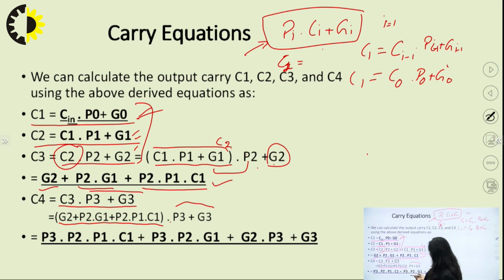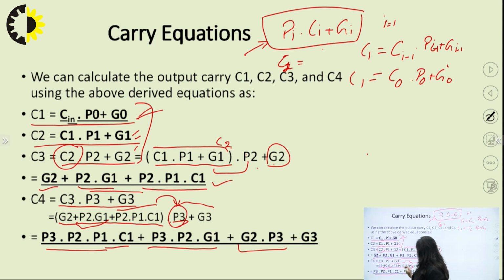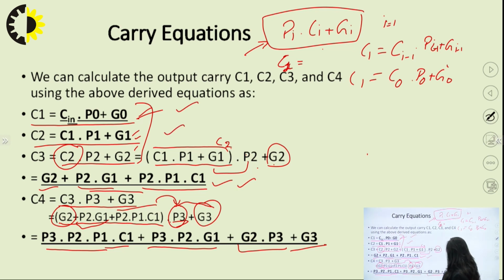Again we elaborate by multiplying P3 with C4's value, which gives P3 dot P2 dot P1 dot C1, this with this, and P3 dot P2 dot G1, again G2 dot P3, and lastly G3. Okay, so here I have the final values of C1, C2, C3 and C4.